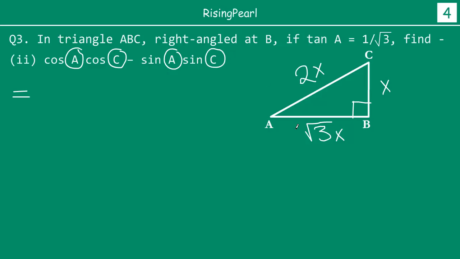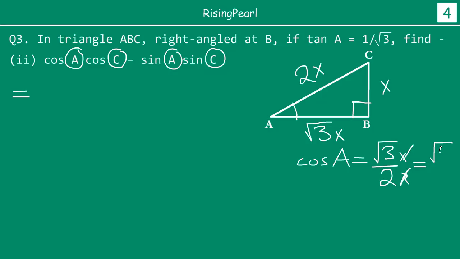So cos A is how much? Let's write these four values here. So this is my angle A. So cos A is adjacent side divided by hypotenuse. So it will be square root 3x by 2x, and then x and x will cancel out.